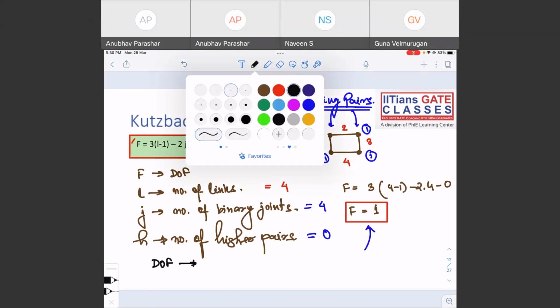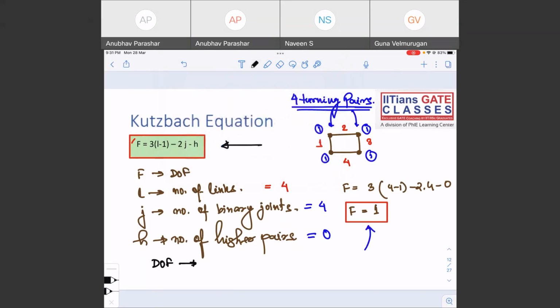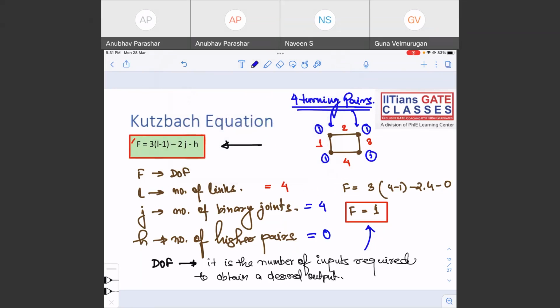It is the number of inputs required to obtain a desired output.